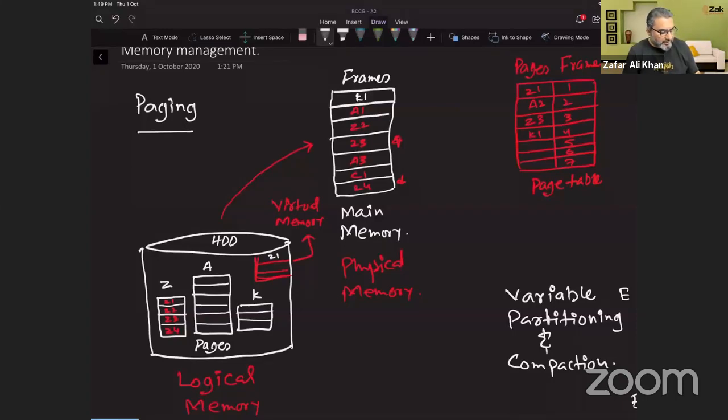To execute a program, pages are loaded into memory from the hard disk whenever required, and when pages are required to be loaded and there is no space in the memory, in that case we will swap those pages with the virtual memory. Means we will move those pages to the virtual memory and the new pages to the frame. All right.